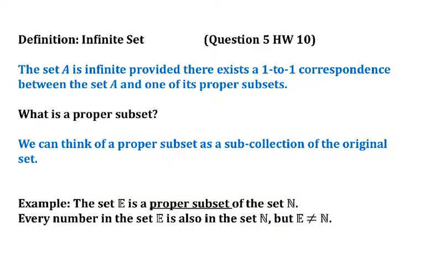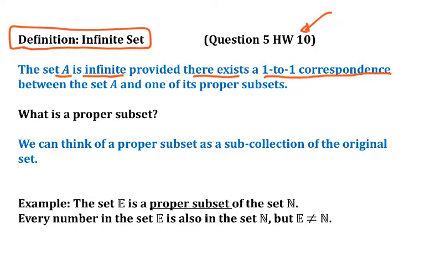Now, this turns out to be the defining property of an infinite set. This definition is question 5 on homework 10 if you do that assignment. Here is the definition. The set A is infinite provided there exists a one-to-one correspondence between the set A and one of its proper subsets.